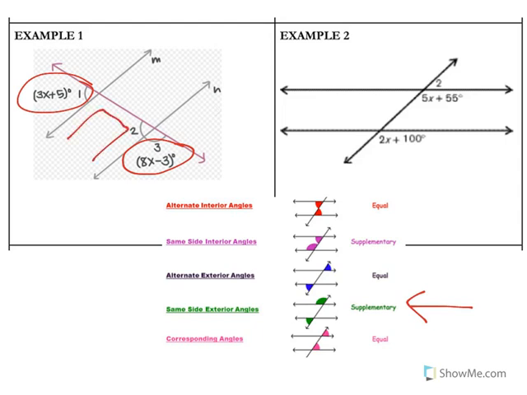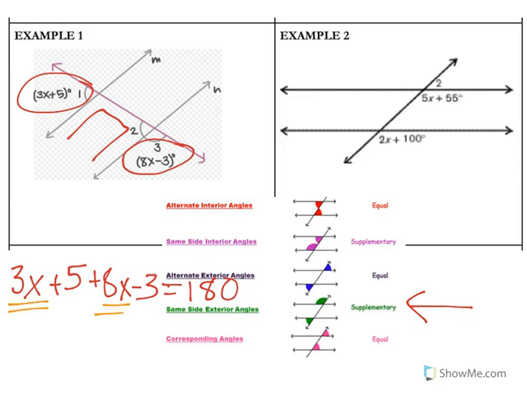And it's saying that they're supplementary, so that means together they should add up to 180 degrees. So I can go ahead and set up my equation now. And I would set it up like that because we're adding them and we get a total of 180 degrees.